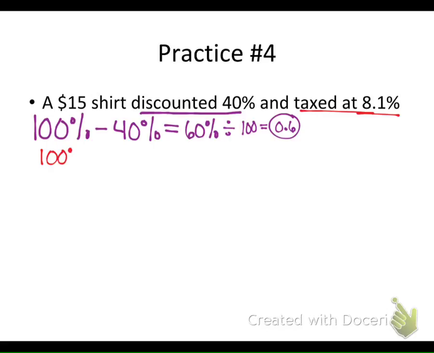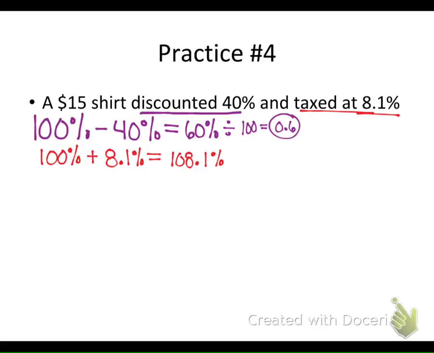So I'm repeating steps 1 through 3 to get my second multiplier. I'm adding 8.1%, which equals 108%.